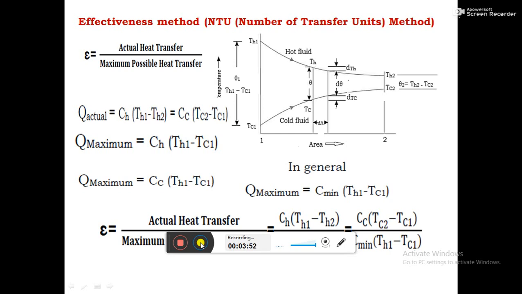But this maximum change in temperature depends on the heat capacities of the hot and cold fluid, and hence this maximum change in temperature can be attained by only one fluid.